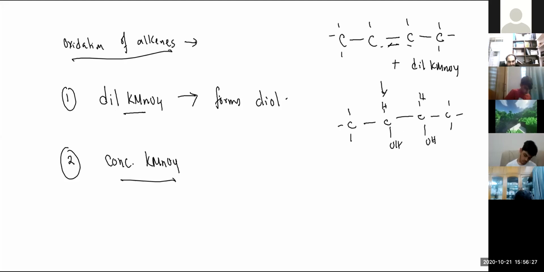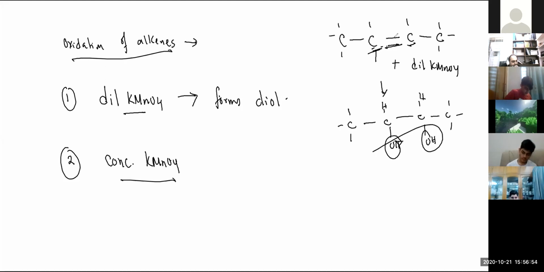For as many double bonds as there are, that many OH will come. The carbons linked to the double bond will be linked to the OH. So if you had 2 double bonds, then 4 OH would come and get linked.